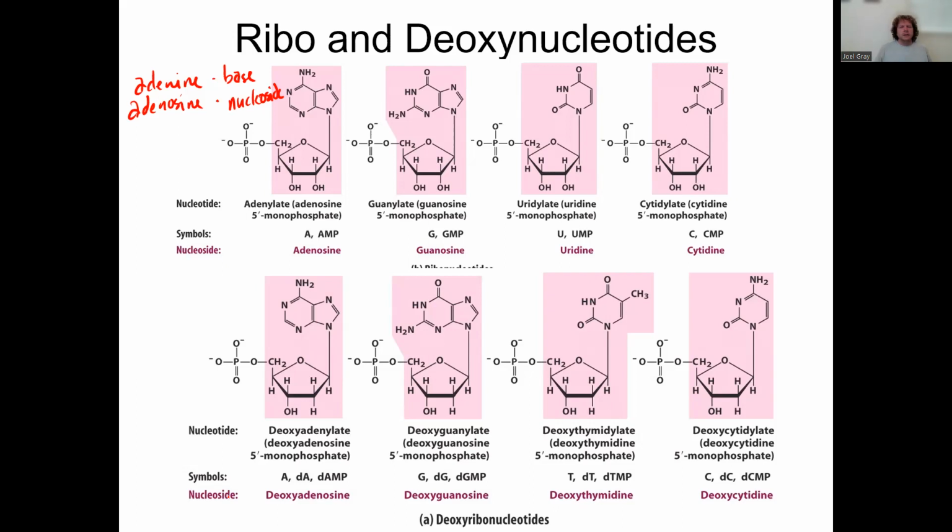And really, it's not too challenging to identify if a sugar is deoxyribose. As soon as you see deoxy, it's lacking a hydroxyl group at the 2' position, the 2' position as opposed to the 2 position.